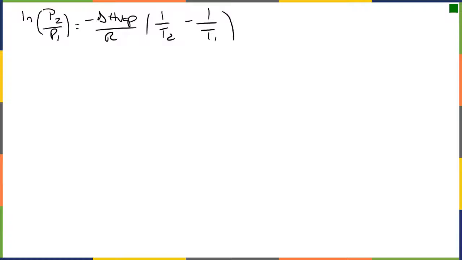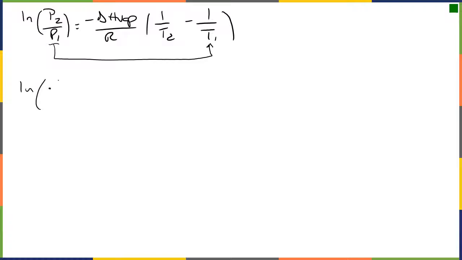So our equation is the natural log of P2 over P1 is equal to minus delta H of vaporization over R, times 1 over T2 minus 1 over T1. We have to make sure that we link our variables. So remember, P1 and T1 here are linked. So let's plug this in.